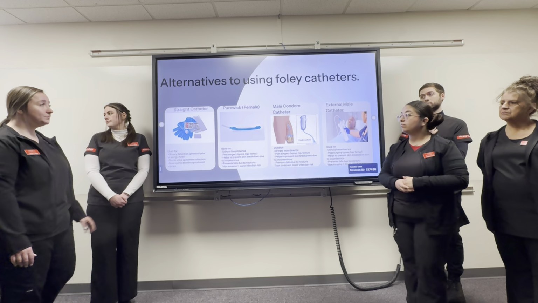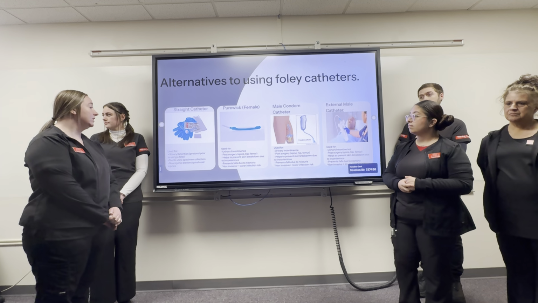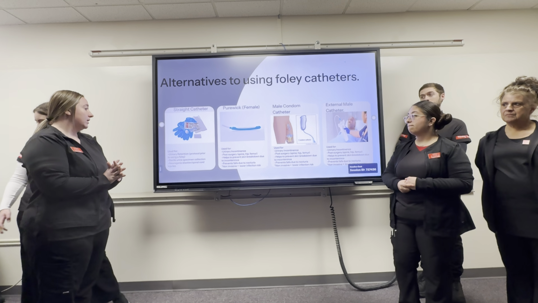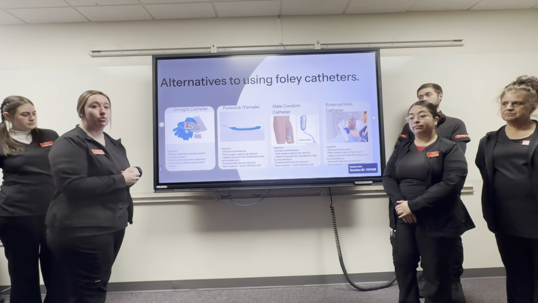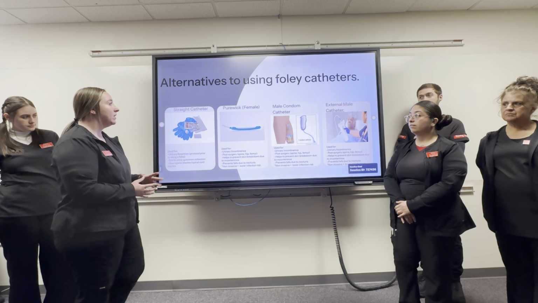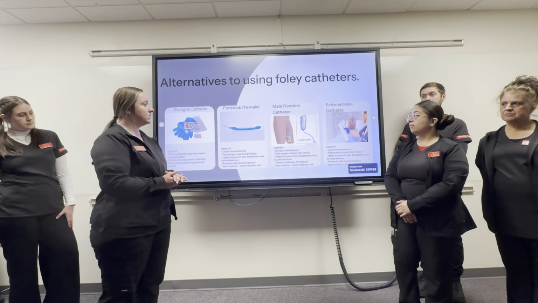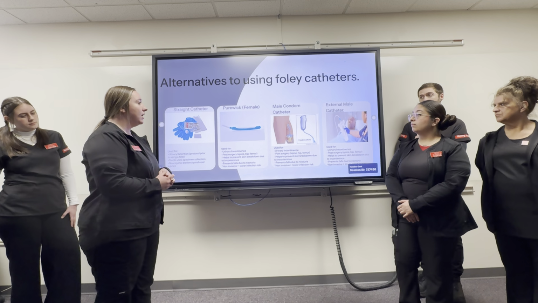Okay, so there are some alternatives to using Foley catheters. We have the straight catheter, which is used for urinary retention, sterile urine specimen collections, or a neurogenic bladder or spinal cord injury or surgery. The next three, we have a PureWick, that's for females, a male condom catheter, and the external male catheter.